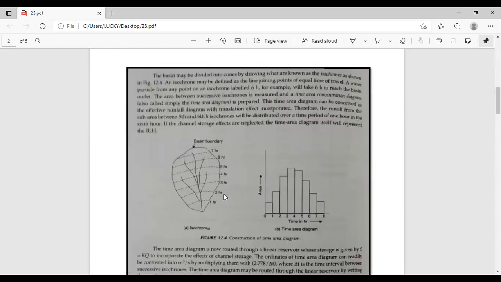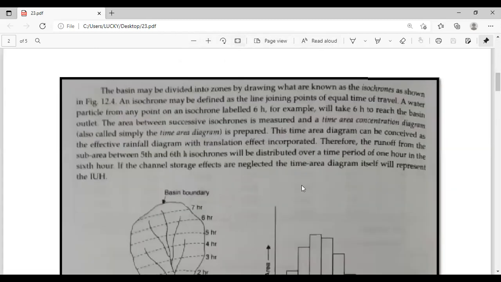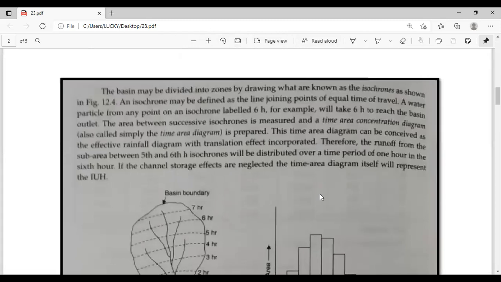Here, guys, the basin may be divided into zones by drawing what are known as isochrones, as shown here.